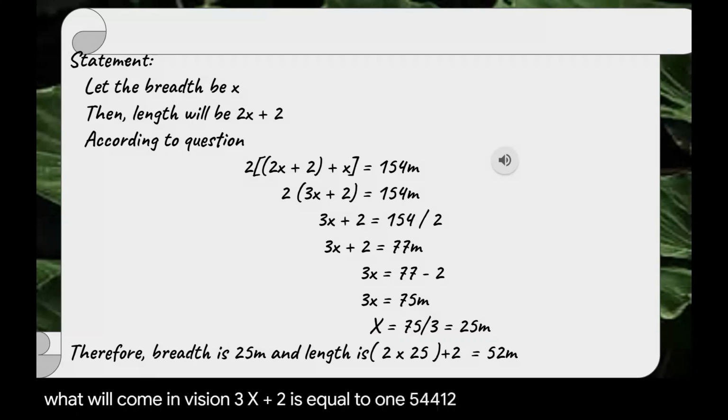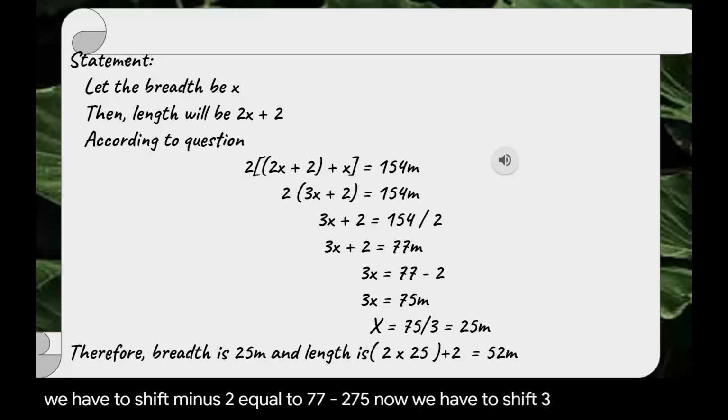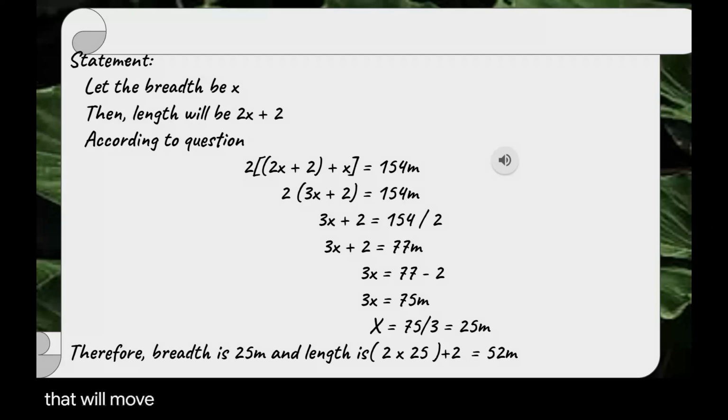If we divide 154 by 2, we will get 77. Next, plus 2 we have to shift as minus 2. So 3x is equal to 77 minus 2, that is 75. Now we have to shift 3. 3 is multiplying with x, so that will move as division. So 75 upon 3 is equal to 25.